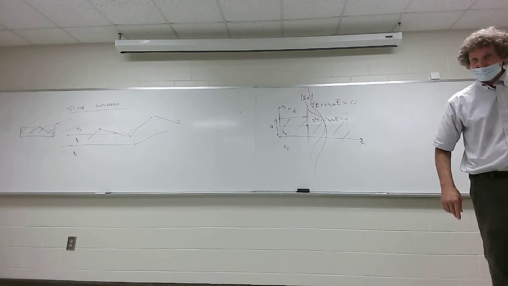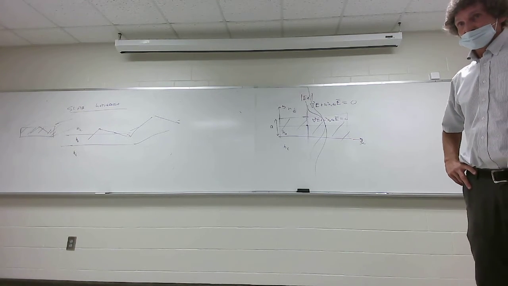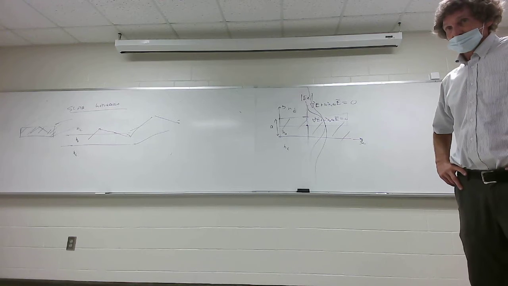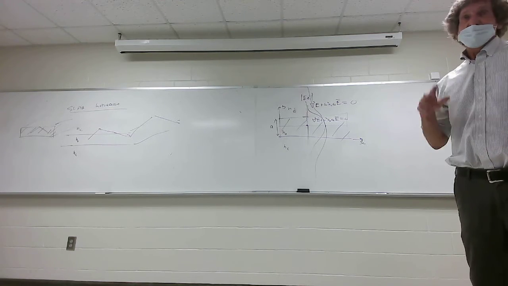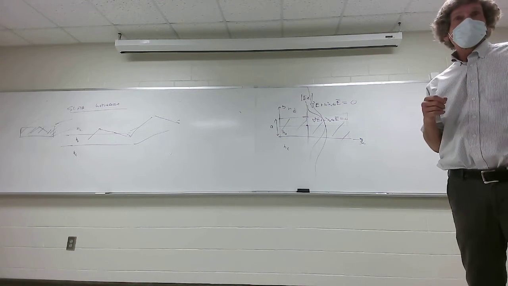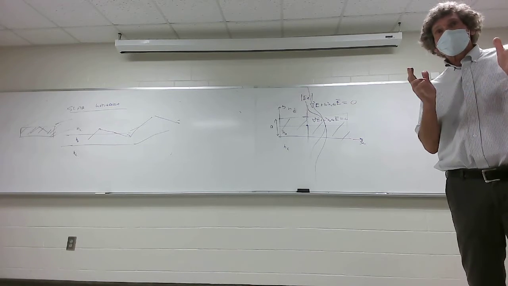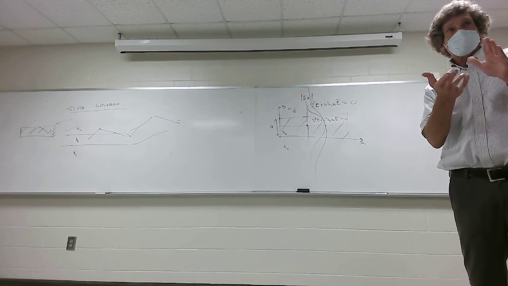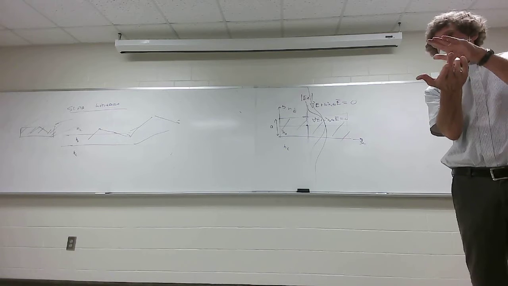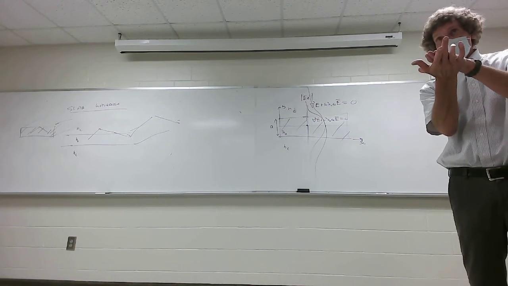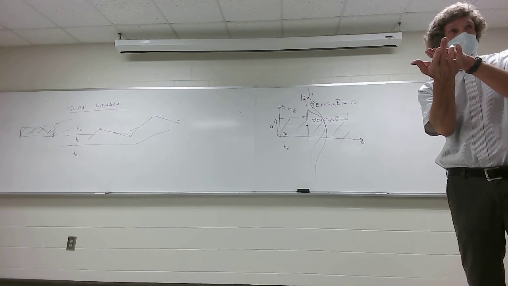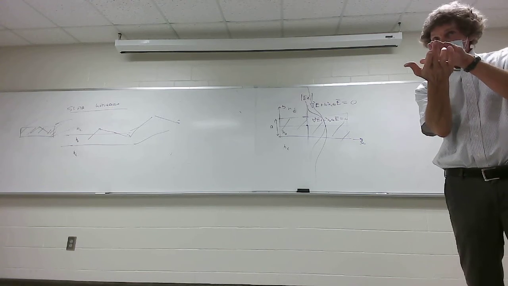Yes? Application-wise, when would it be beneficial to use a slab rather than just the regular circuit? Okay, that's a very good question. When are you going to use fiber optic? Slab waveguides are used on microelectronic circuits when you have lithography, which is basically always a sandwich. You put down a layer of something, then you etch it, then you put down a layer of something, and you dope it.